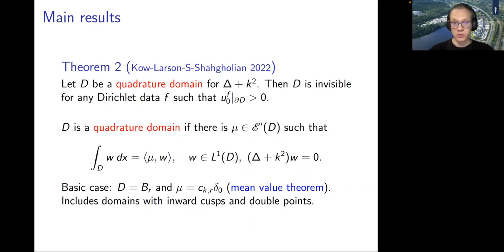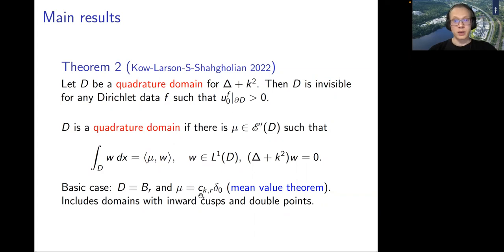If you put k equal to 0, then this W will be harmonic, and this identity is saying that the integral of a harmonic function over a ball is equal to a constant times the value of the harmonic function at the origin. It's maybe less well known that the mean value theorem also holds for solutions of the Helmholtz equation. But in that case, this constant C will depend on k and r, and this constant could actually be positive, 0, or negative.